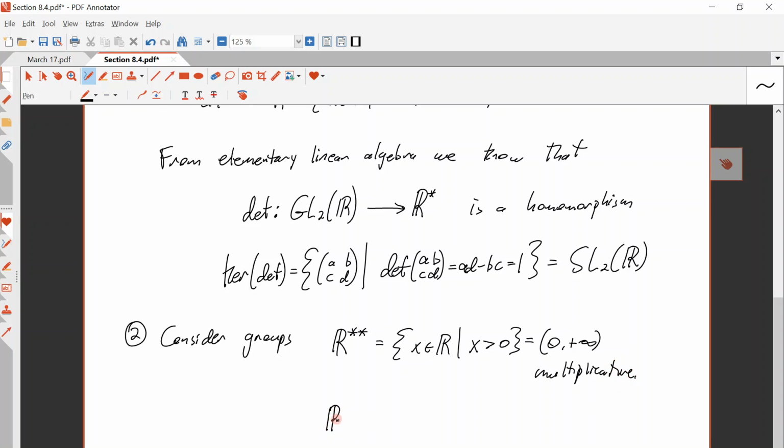And the group R plus, which is the additive group of real numbers.